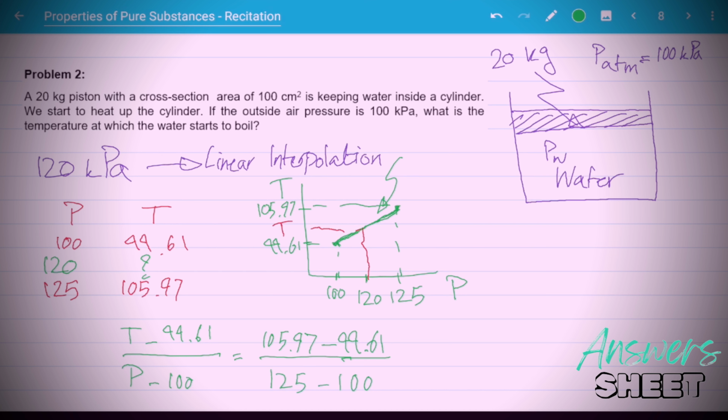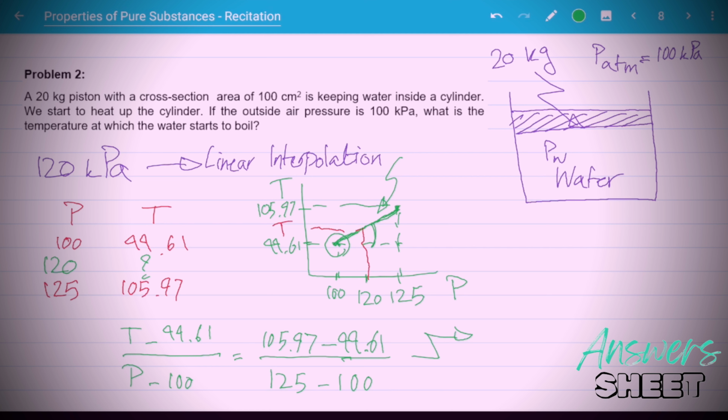So all I did was try to find the equation of this green line using the slope and one single point. Now I'm using this point over here and also using the slope of this line.